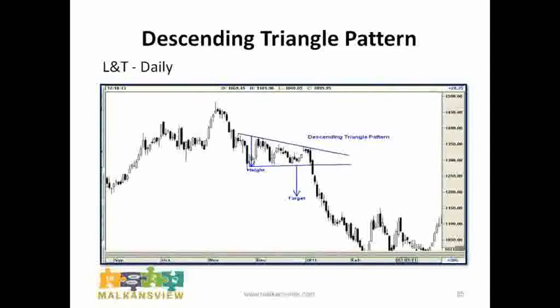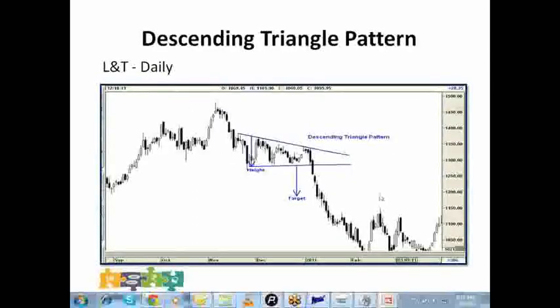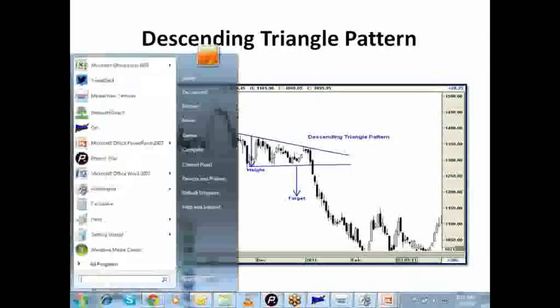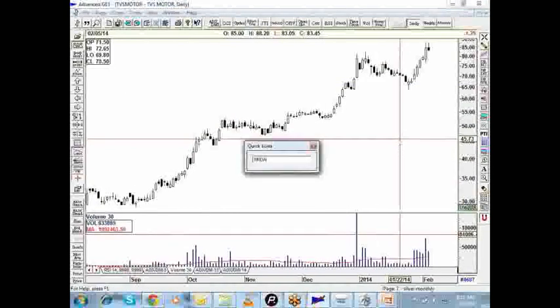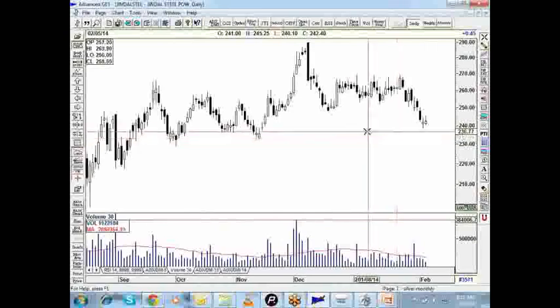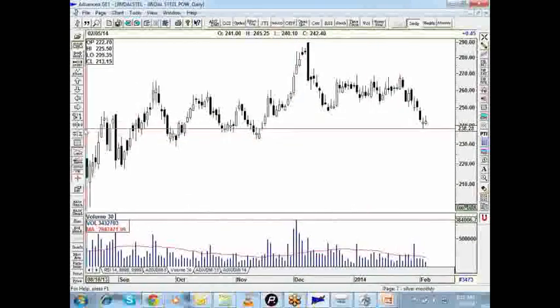Sideways market. So this is the triangle. Now I'll show you some of them in the market right now. Height. Tallest.